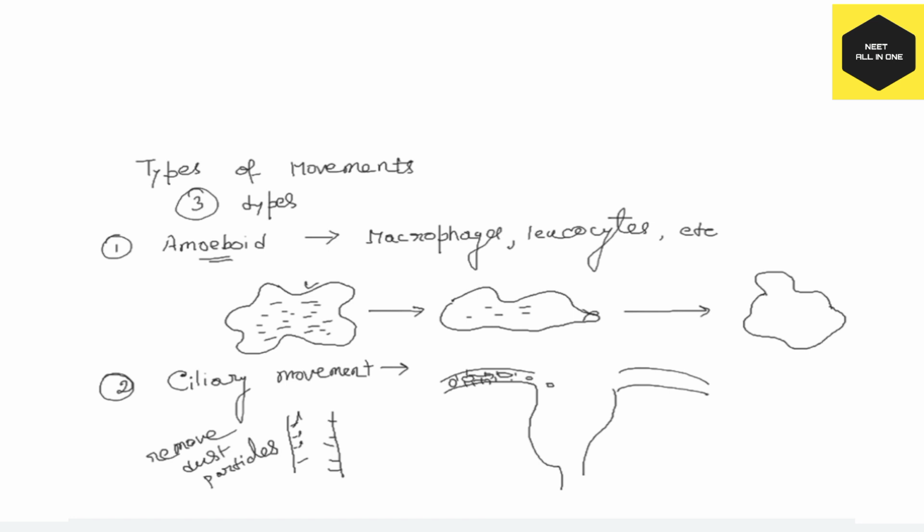Okay, and here what was the use? Movement of the ovum. I have said it earlier. Let me write it once. Of the human ovum to the uterus. Okay, this was all about amoeboid and ciliary movement.